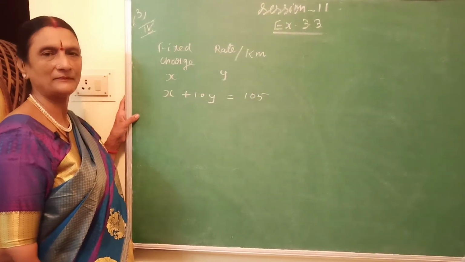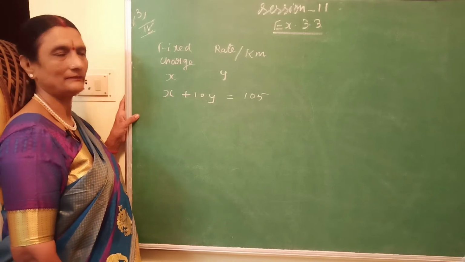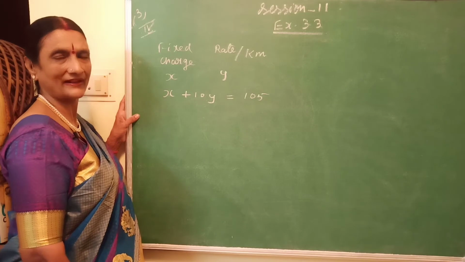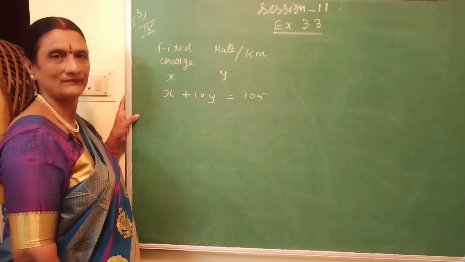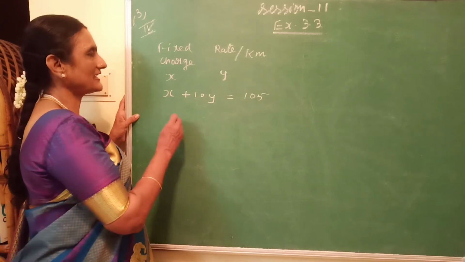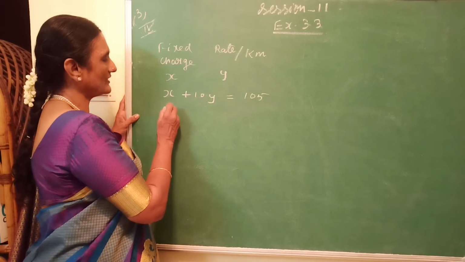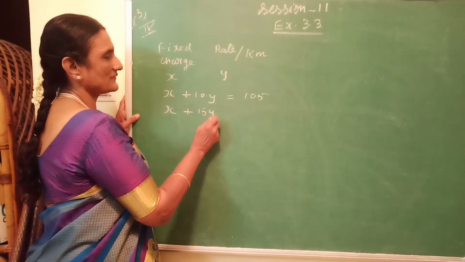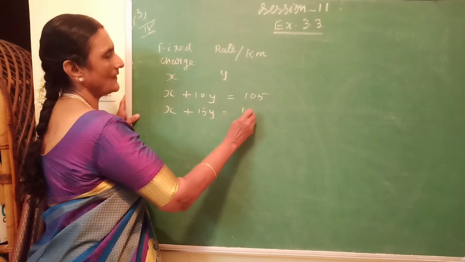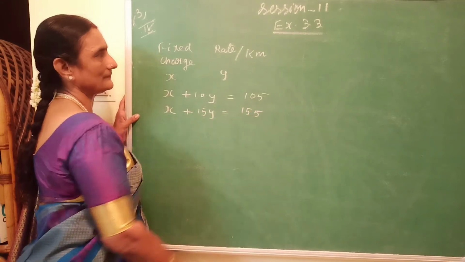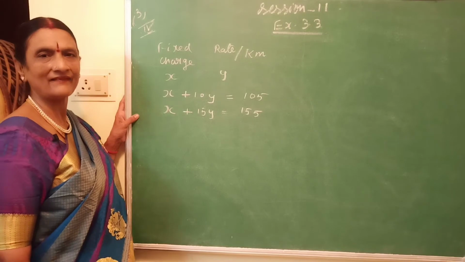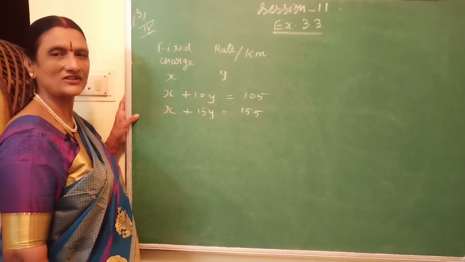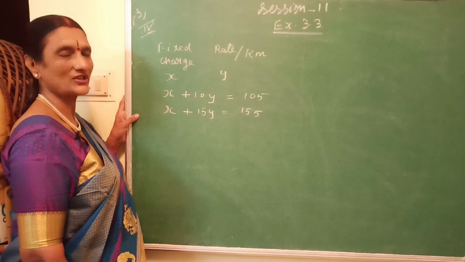Please check the numbers. This sum you must have written down. Please check the numbers whether it is written correctly or not. Okay. In the second situation, a person travels 15 kilometers. So it must be x plus 15y is equal to 155. Are you understanding? Shall we solve? How are we going to solve? We are going to solve by the substitution method.